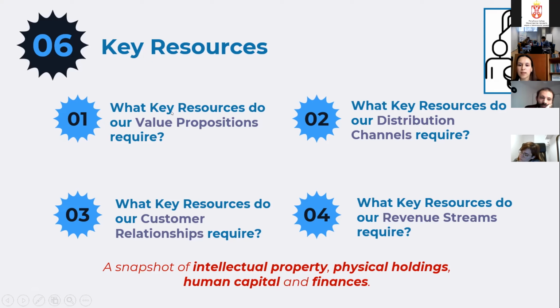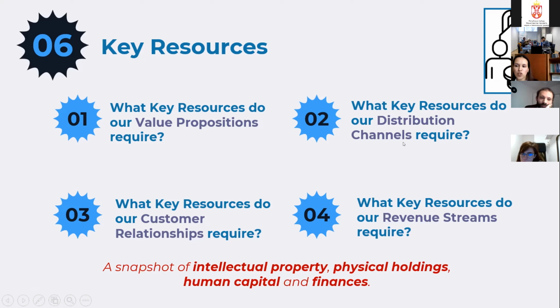So every business model requires key resources, and here it is very important to answer 4 questions. First, what key resources do our value propositions require? What key resources are needed in order to deliver our value proposition? And we know that we defined the value proposition in the 2nd block of the business model canvas. Then, what key resources do our distribution channels require?